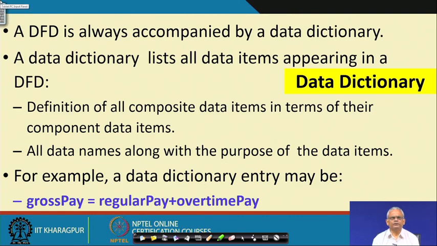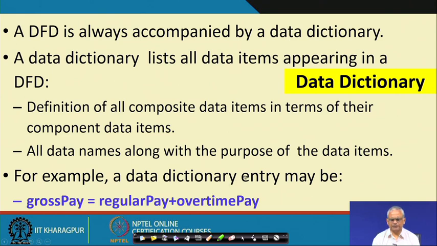Whenever we do a DFD model, a data dictionary must accompany it. The data dictionary lists all the data items that appear in the DFD and then writes the meaning of that data item, and sometimes we might have to write a data item in terms of its component data.